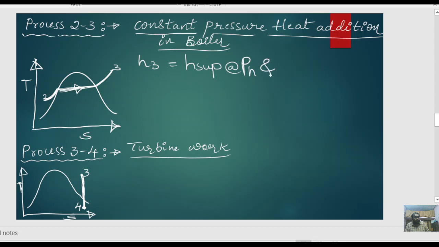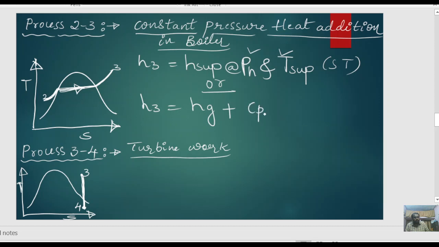If in the question they have given the superheated temperature, you have to take H sup directly at these two conditions through the steam table. Otherwise, one formula is there for H3. H3 is Hg plus CPV, means specific heat of vapor, into T3 minus T saturation.